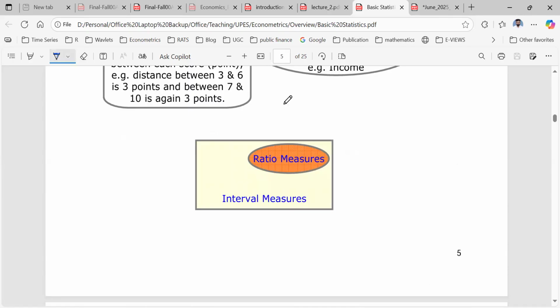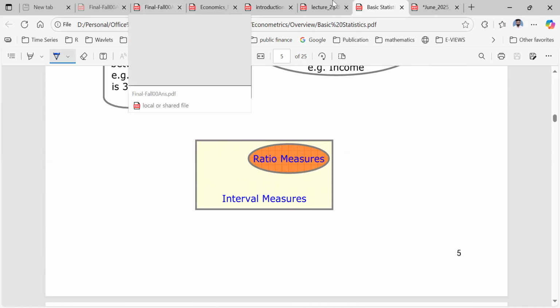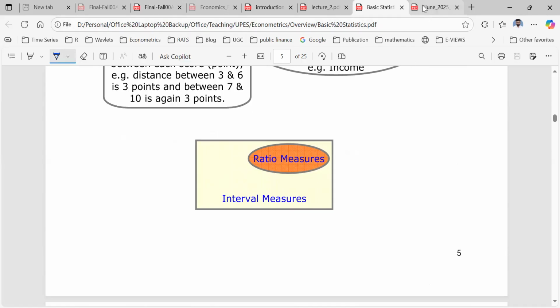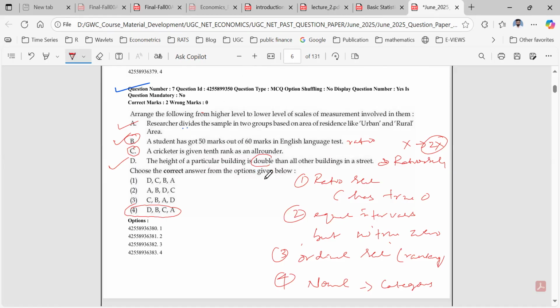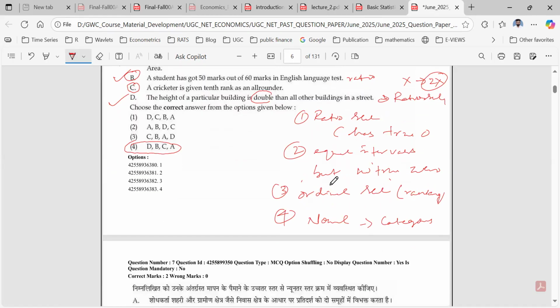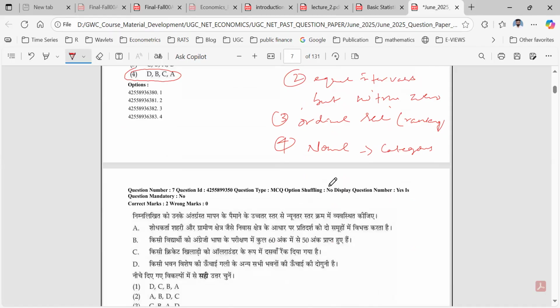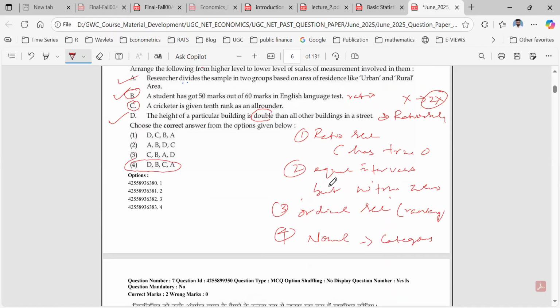Ratio scale is a special case of interval scale, where it can contain the true zero value and it will be meaningful. Is it clear? So I was just going through the June 2025 question paper, and I found this interesting.